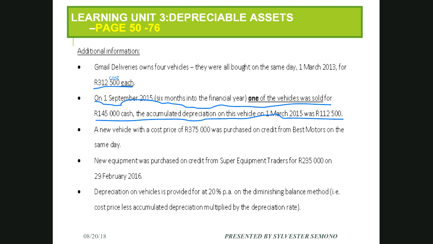The first account for this amount will be what? Vehicle. And the other one is going to be asset disposal. Let me tell you something. As you are following steps, one account will always be asset disposal, just to be safe.